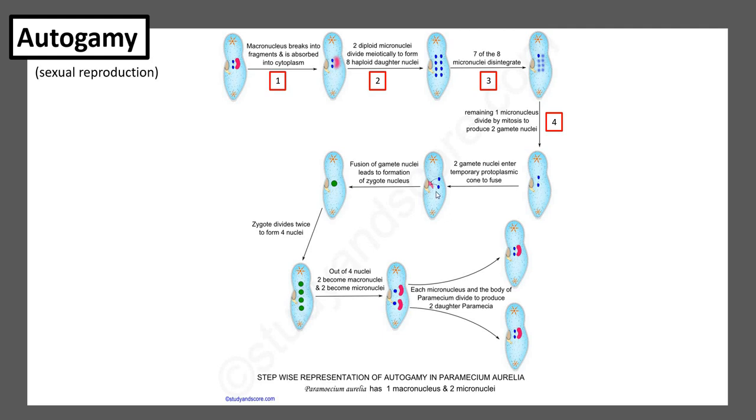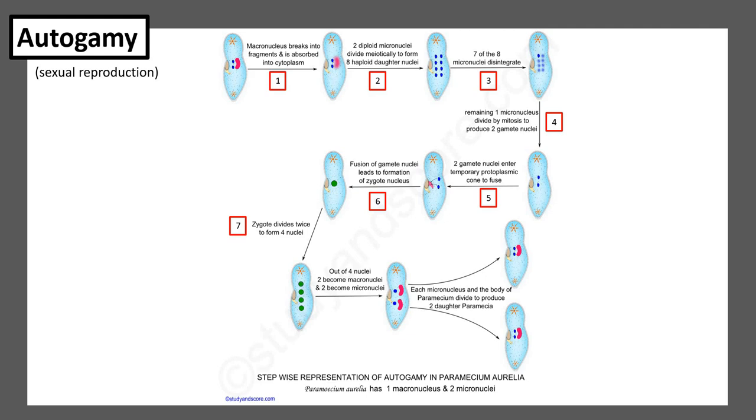Then they are going to combine together. And what ends up happening is you end up with twice the amount of DNA as is needed for a micronucleus. It then is going to divide twice, just like before.